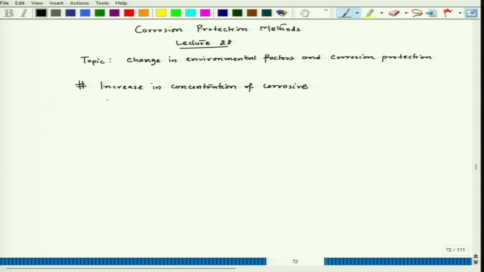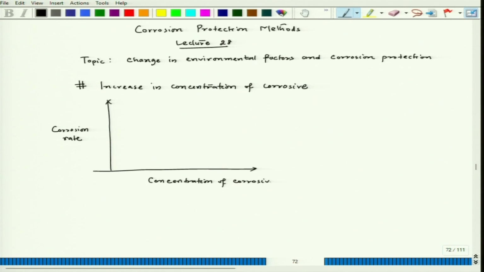Generally, the curve pattern could be of this nature. If we try to find out the corrosion rate, this is the concentration, it is increasing this way.